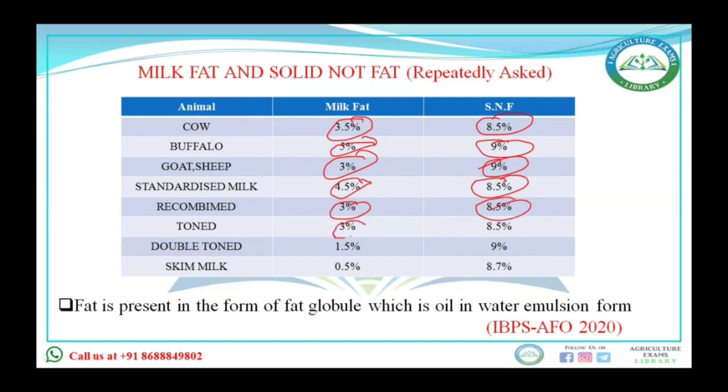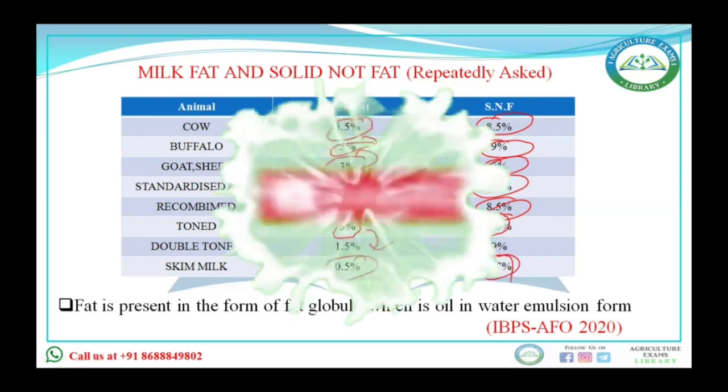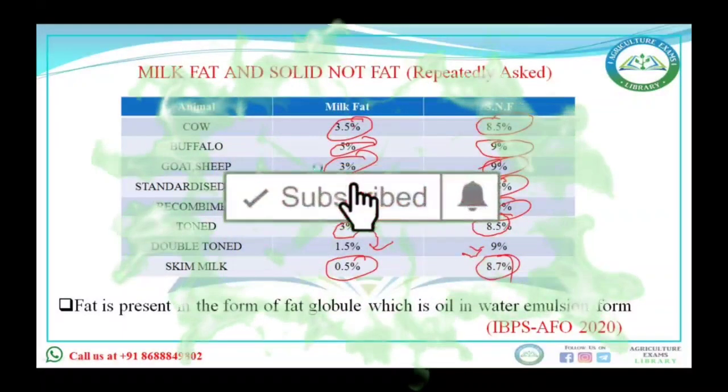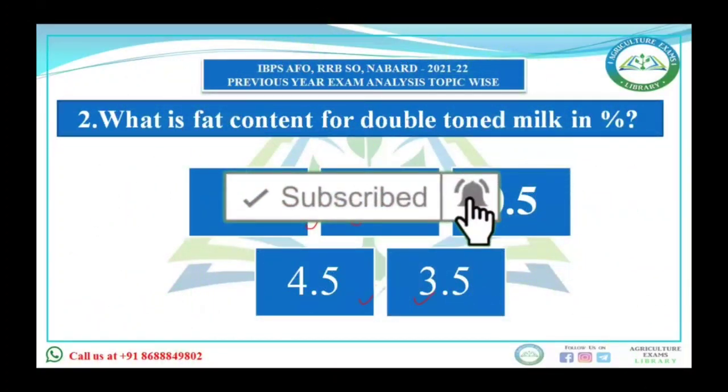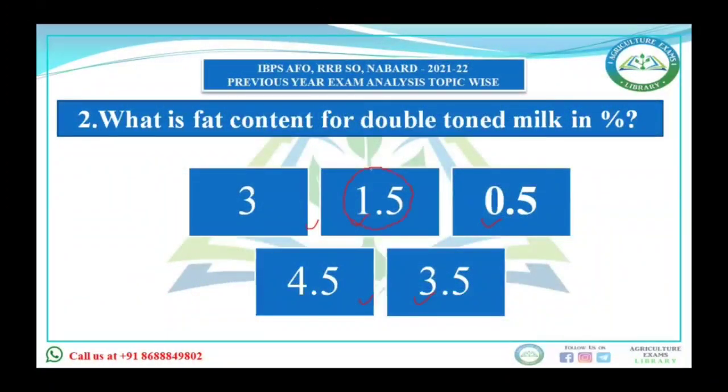Toned milk has 3% fat and 8.5% SNF. Double toned milk has 1.5% fat and 9% SNF. Skim milk has 0.5% fat and 8.7% SNF. So our question about double toned milk percentage, the answer is 1.5%. This is a very important chart.